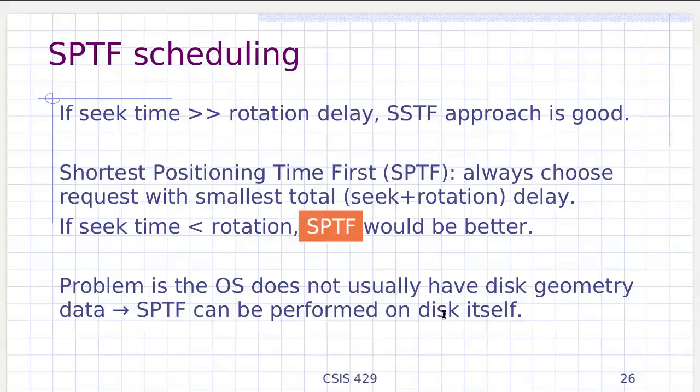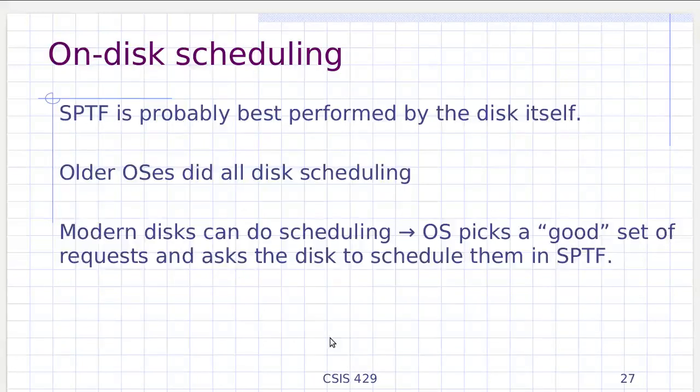And that's the direction pretty much all drives are taking, is that this kind of scheduling is done on the disk itself. The disk has enough memory to handle these requests, and it can line up the requests in such a way that it'll minimize the overall I/O time.